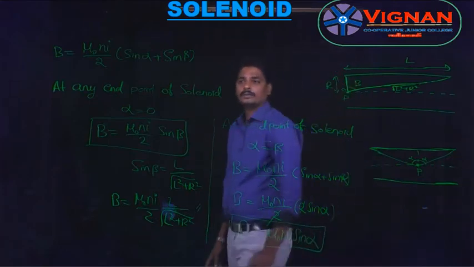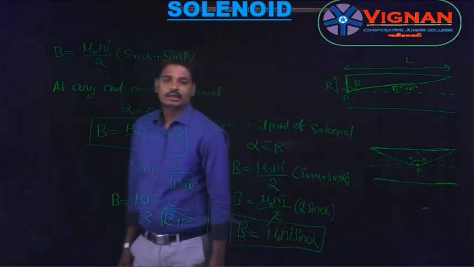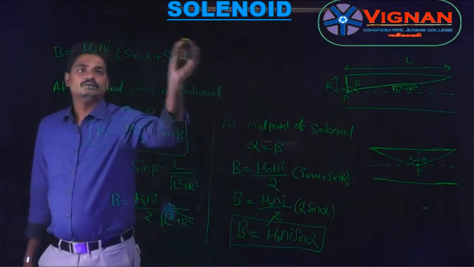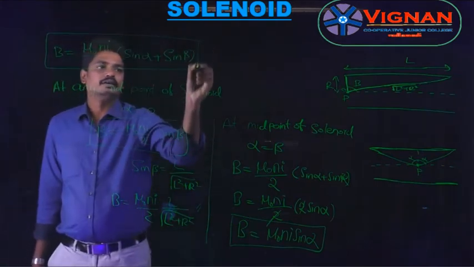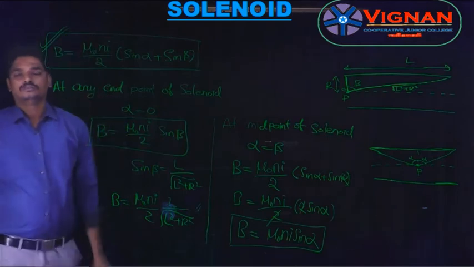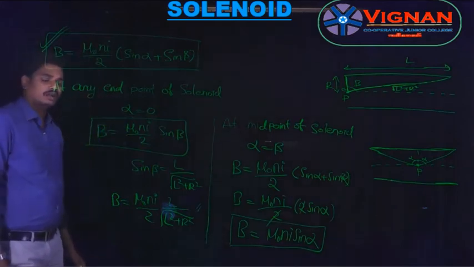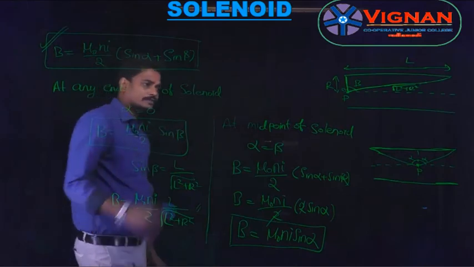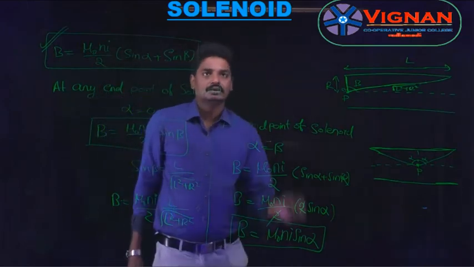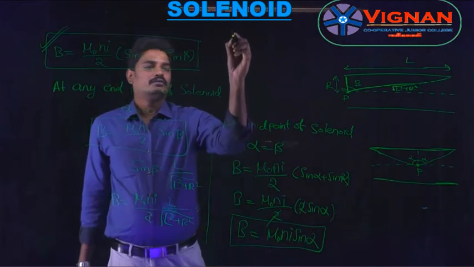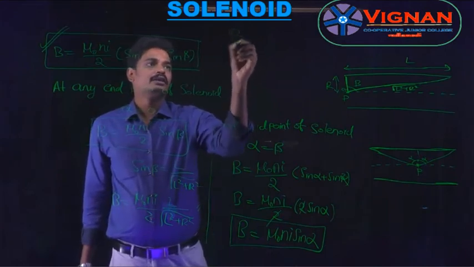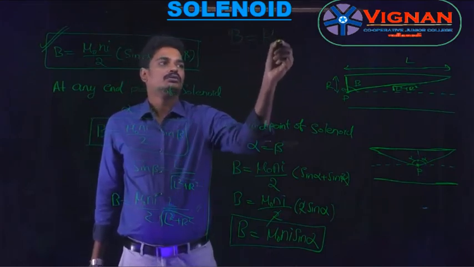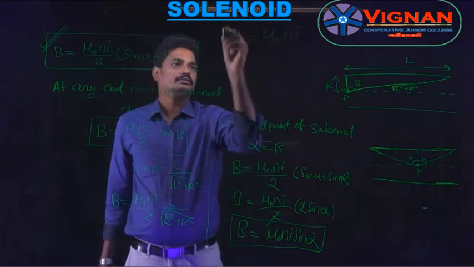So from all these discussions, at any point of the solenoid, the strength of the magnetic field is given by B is equal to mu naught Ni by 2 (sin alpha plus sin beta). If the solenoid is of infinite length, then the strength of the magnetic field will be B is equal to mu naught Ni.